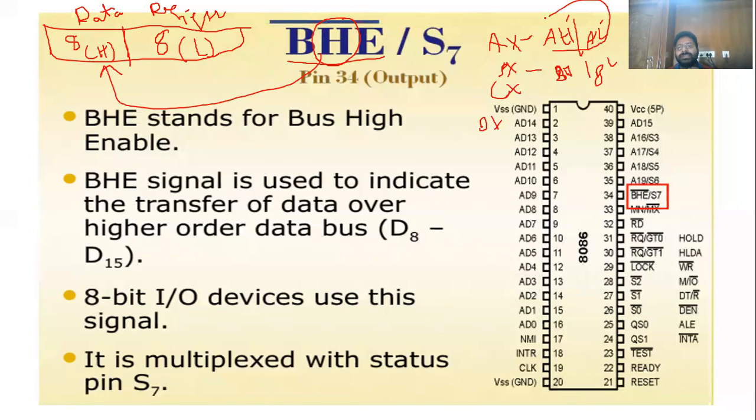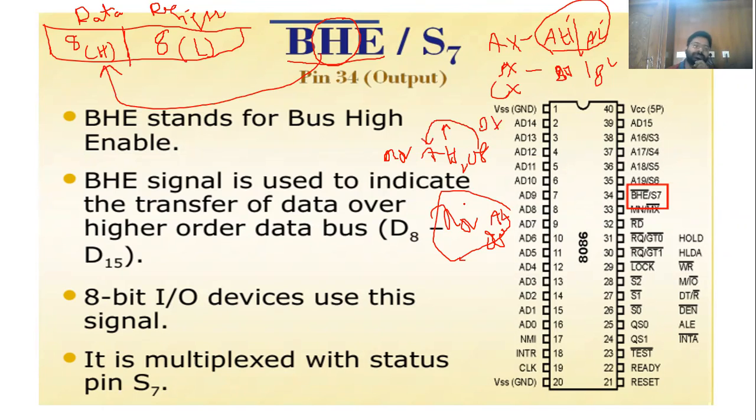Whenever the data is 8-bit only, in programming, for suppose, we can write MOV AH, 08H, where we are using only the higher order byte, or MOV AL, 08H. MOV means a copy instruction. This is one type of code you can write. It means the 8-bit data is copied to the register AH, so out of 16 bits we are using only 8 bits.